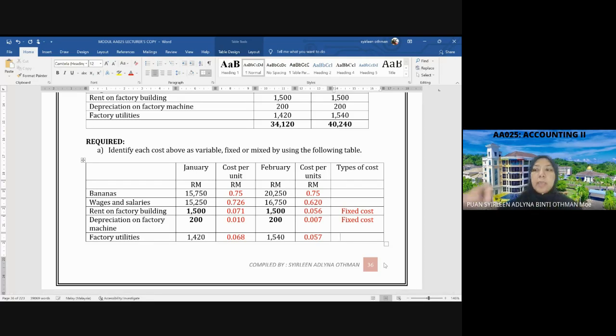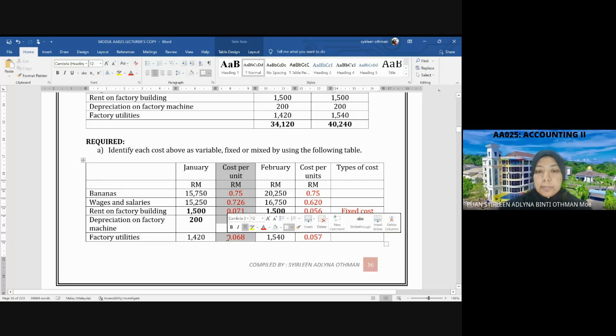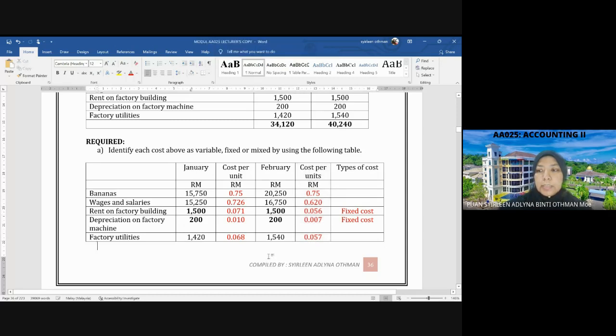Alright, okay, variable cost, kan Madam bagi tahu tadi, dia punya variable cost per unit is constant. Variable cost per unit is constant, maksudnya tiap-tiap kali bila awak kira, cost seunit dia remain the same. So kalau you tengok dua kolom ni, you akan jumpa nilai yang sama di kedua-dua bulan per unit.